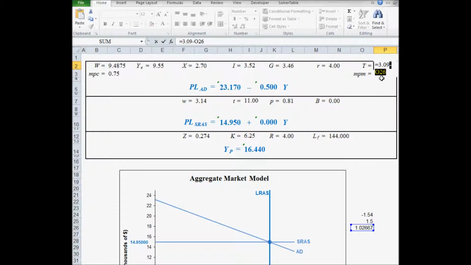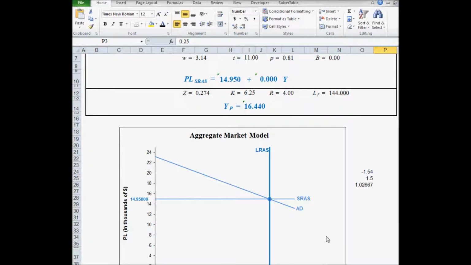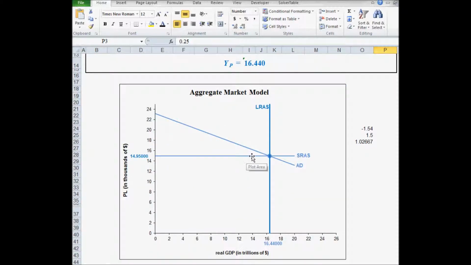To find the equilibrium after the tax cut of $1.02667 trillion, I have to find the intersection of short-run aggregate supply and aggregate demand, and then go straight down to GDP. So here GDP equals potential output, $16.44 trillion.